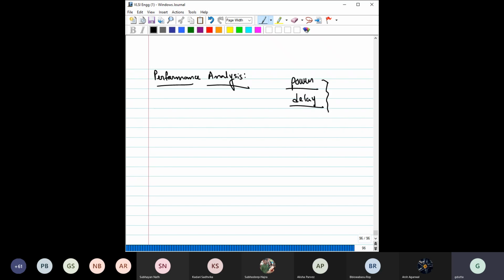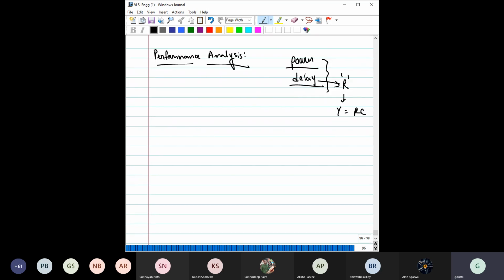These are the two important things we have seen, right? For delay, resistance is an important part because delay is basically tau equal to RC delay only. So if we can analyze the resistance, then we can also analyze one of its performance, in terms of its delay. So we're basically going to do that here.